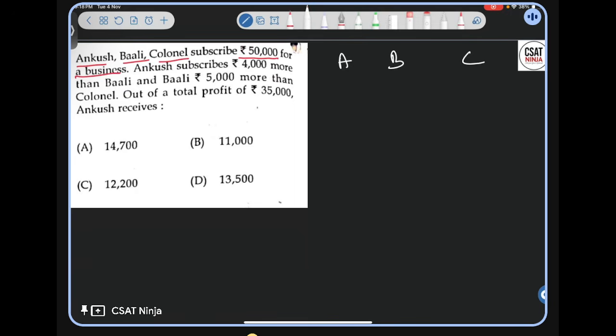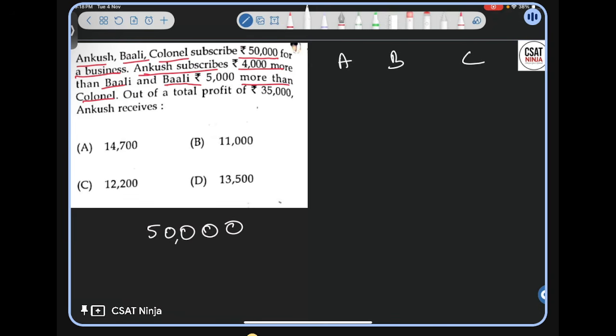That means three of them are investing 50,000 in total. Again it says A subscribes 4,000 more than B, and B 5,000 more than C. That means both of them are compared with C.